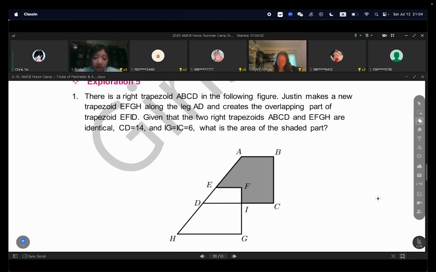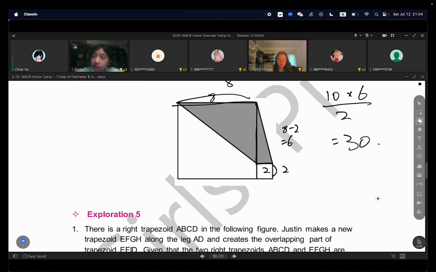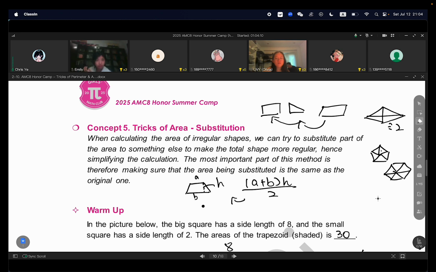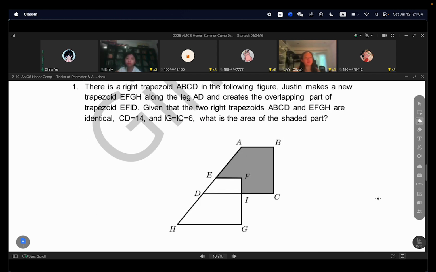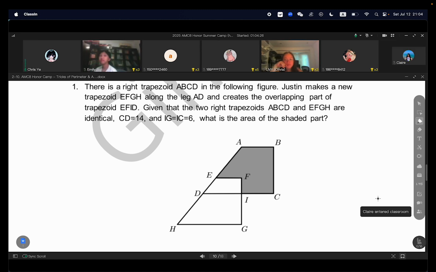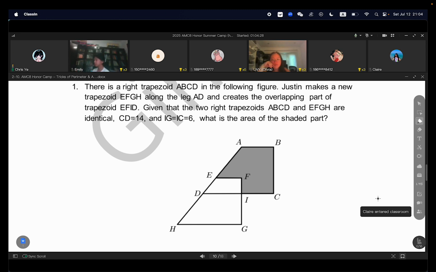And now let's move on to our exploration problem. The concept is substitution again, which is the same thing that we learned in perimeter. There's the right trapezoid ABCD in the following figure, and Justin makes a new trapezoid EFGH along the leg AD, creating the overlapping part, trapezoid EFID.